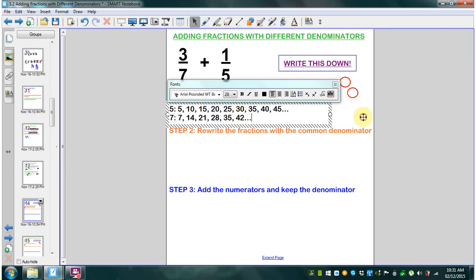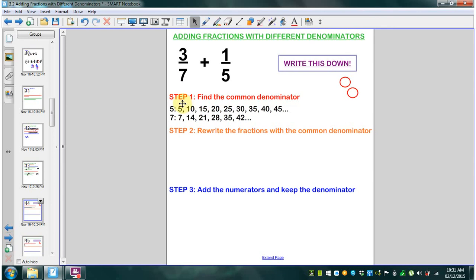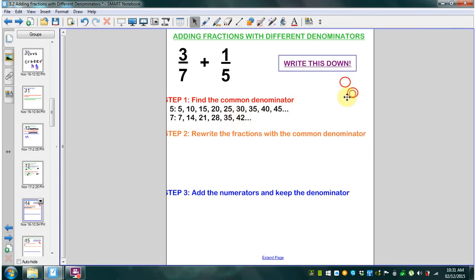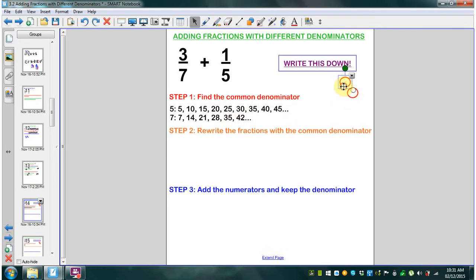So do we have a common number here? No. Don't have 5, don't have 10, don't have 15, don't have 20, don't have 25, 30, 35. We got 35 in 5s, and we got 35 in 7s. So this is our common denominator, 35.